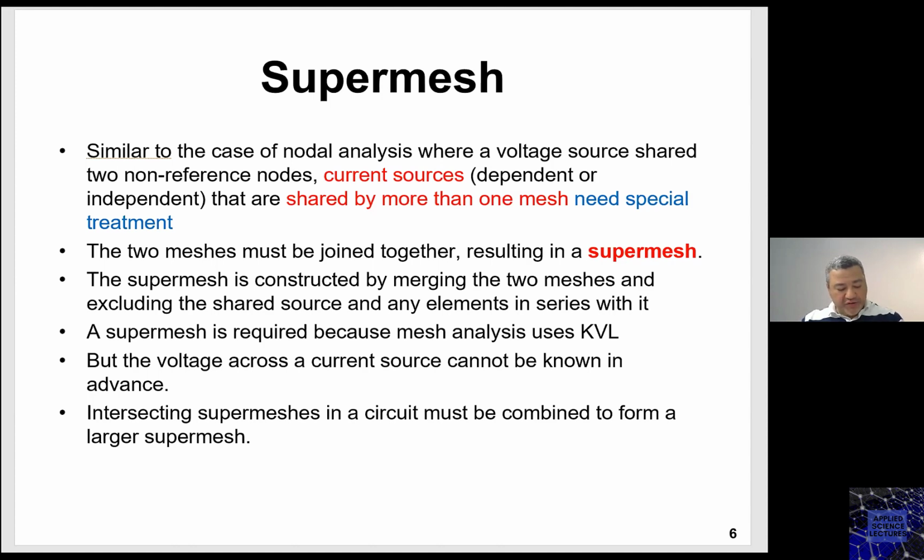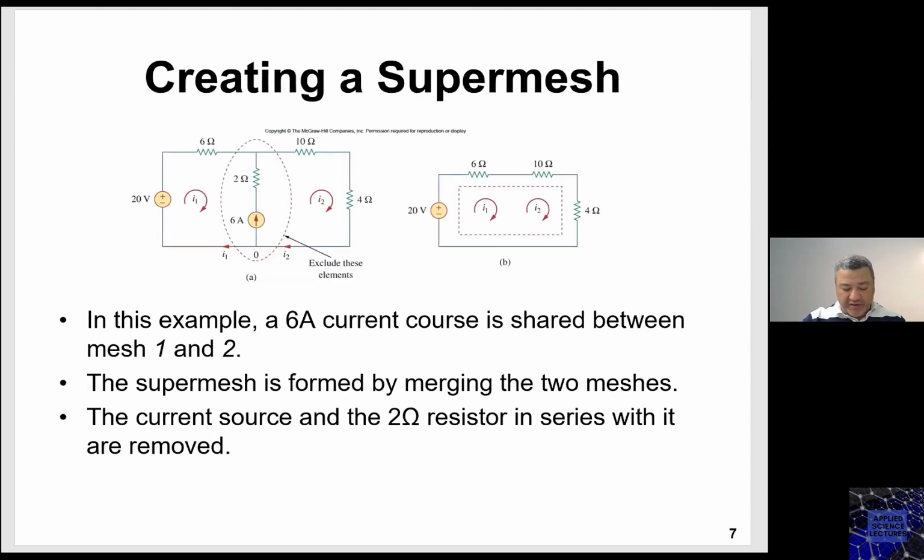Now, this current source, as we will see here, if you recall, this is the first mesh, mesh number one. We have a mesh number two here. What is this current source doing? This current source is creating a binding expression between both mesh currents.